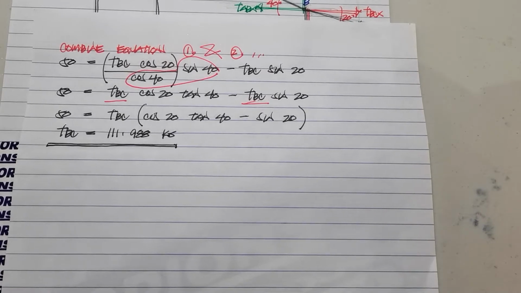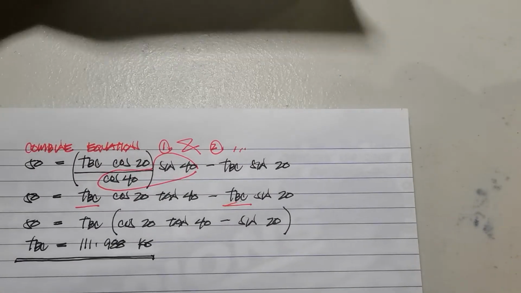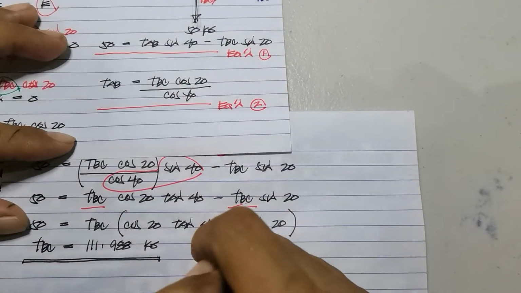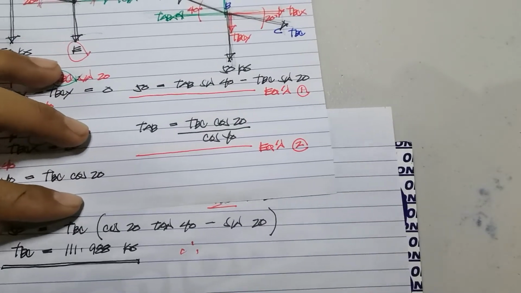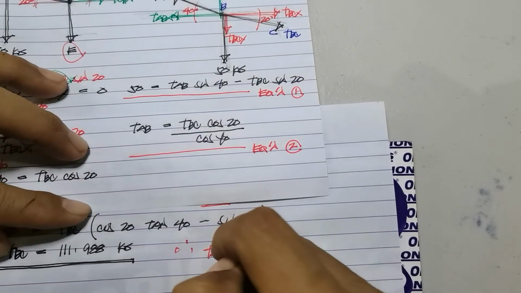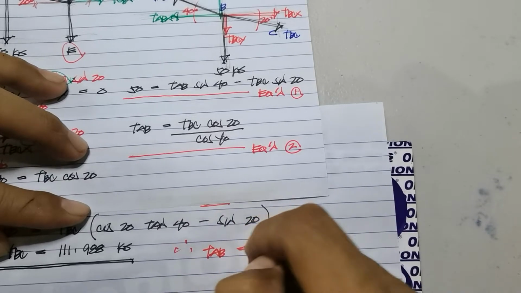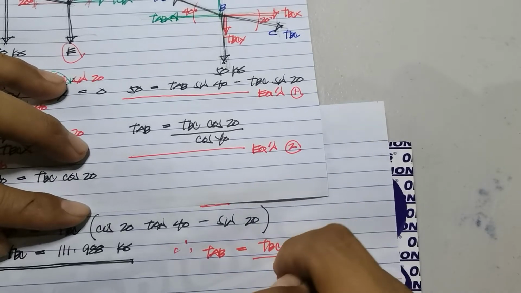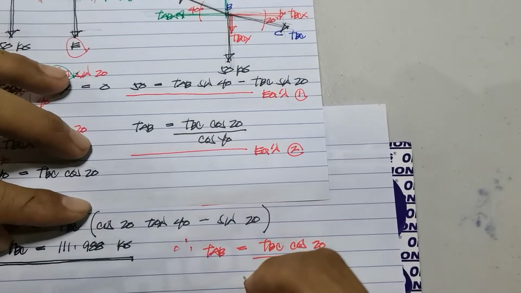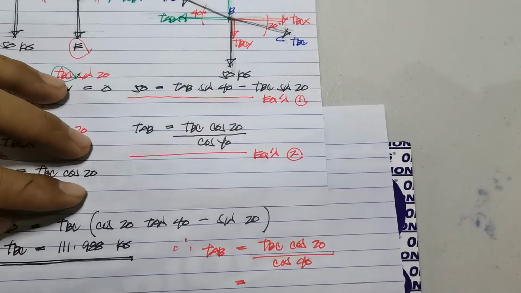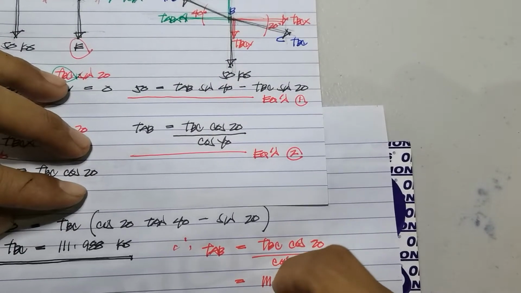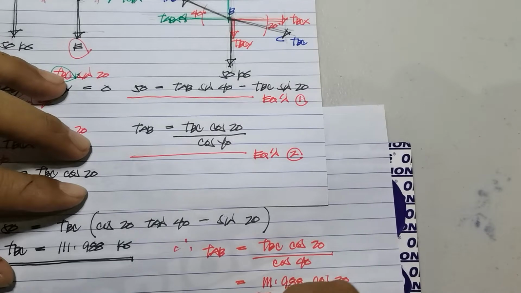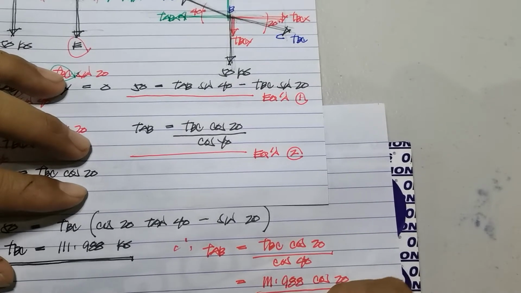So, earlier, kung titingnan natin, nakapag-create tayo na equation dito, which is TAB. So, using yung previously generated equation, pwede natin kuhanin yung TAB. TAB is equivalent to TBC cosine ng 20 over cosine ng 40. So, TBC value is you have 111.988 cosine ng 20 all over cosine ng 40.